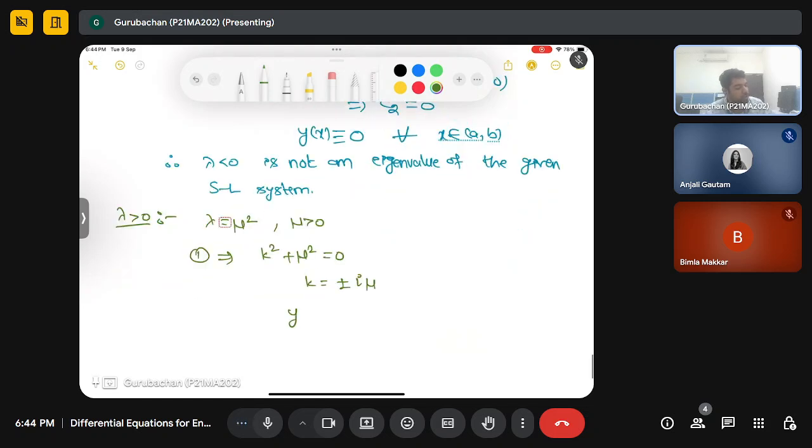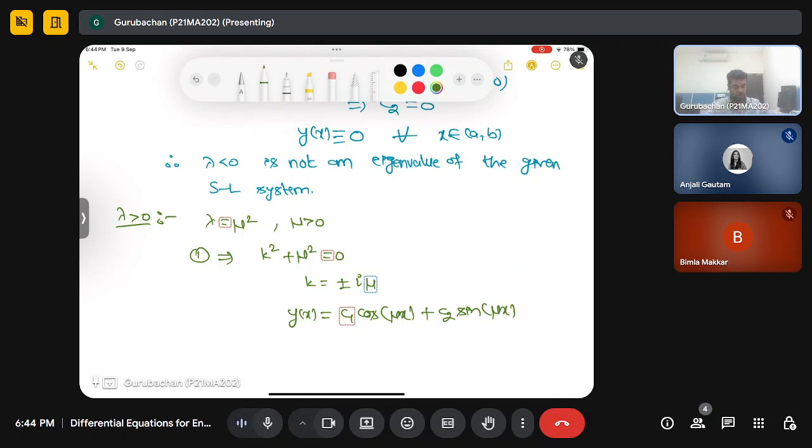So from here you will get the solution c1 cos mu x plus c2 sin mu x.